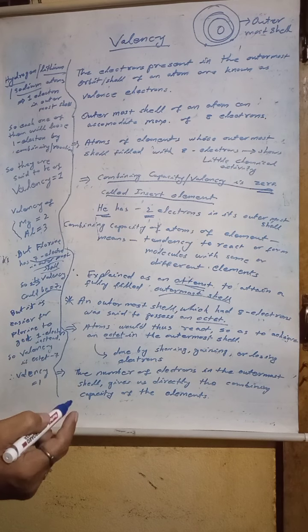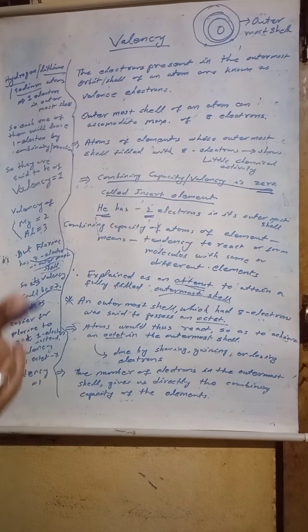So the valency is octet minus 7. After combination, the outermost shell will attain 8 electrons. So 8 minus 7, the valency of fluorine is 1.